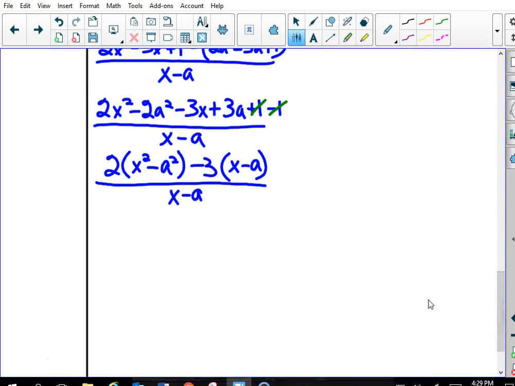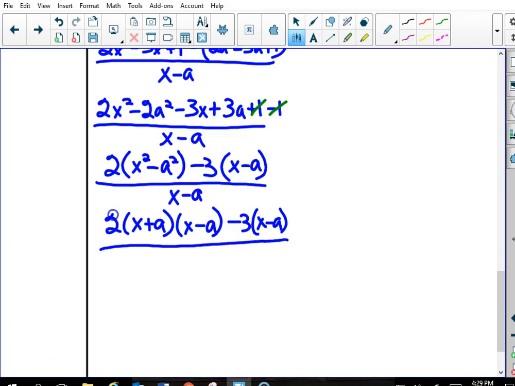Okay, this x squared minus a squared can be factored further. It's the difference of two squares. 2 times x plus a times x minus a, minus 3 times x minus a, all over x minus a, which means I can factor x minus a out of the denominator because I can factor it out of both parts of the numerator.